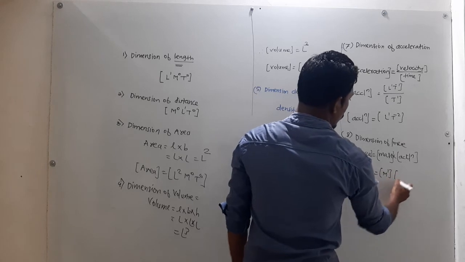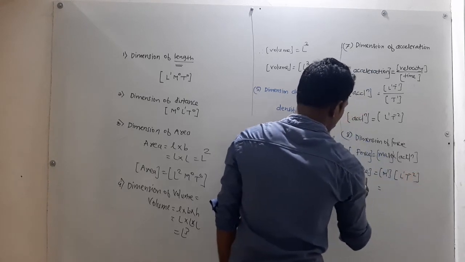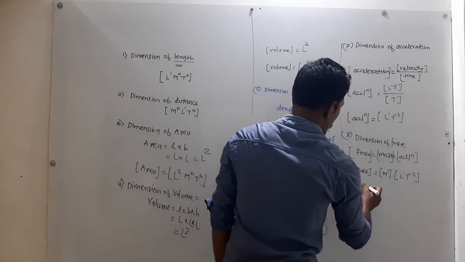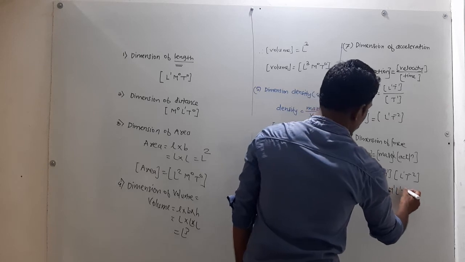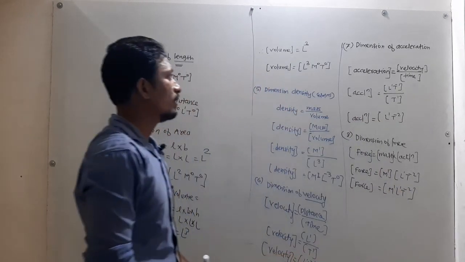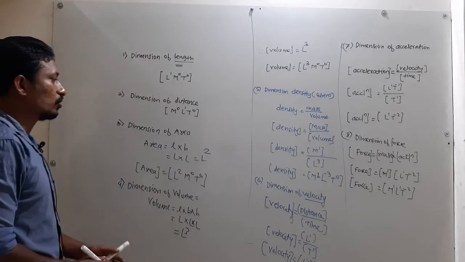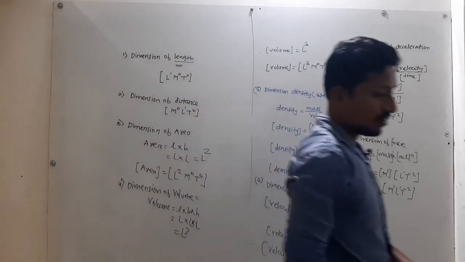Dimension of acceleration is L raised to 1, T raised to minus 2. The total dimension of force is equal to M raised to 1, L raised to 1, T raised to minus 2. This is the dimension of force. Okay, students completed some dimensions and I am taking some more dimensions.